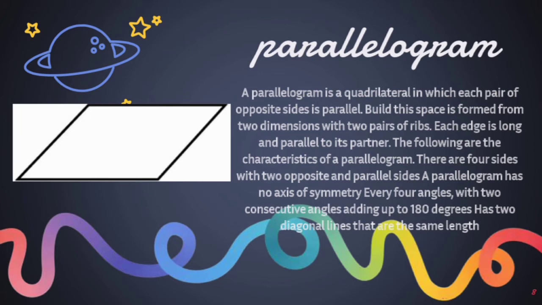There are 4 sides with two opposite and parallel sides. A parallelogram has no axis of symmetry. It has 4 angles with two consecutive angles adding up to 180 degrees, and has two diagonal lines that are not the same length.